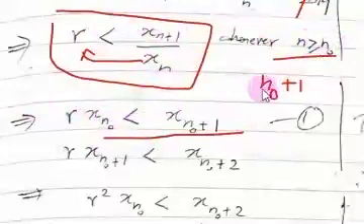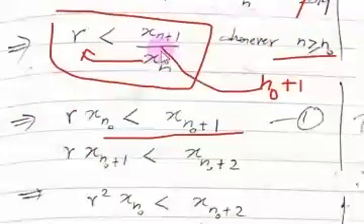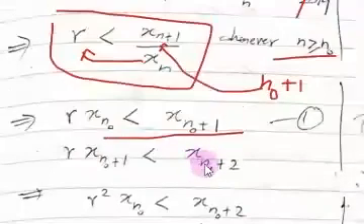Now you substitute n naught plus 1, then you get x sub n naught plus 2, which is bigger than r x sub n naught plus 1.